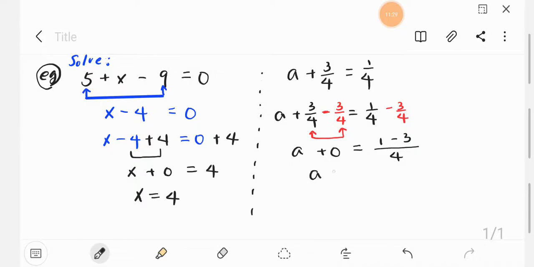Then a plus 0 is a, and 1 minus 3 is negative 2 over 4. This is a quotient with different signs, so put the negative sign outside, and 2 over 4 is 1 over 2. So the solution is negative 1 over 2.